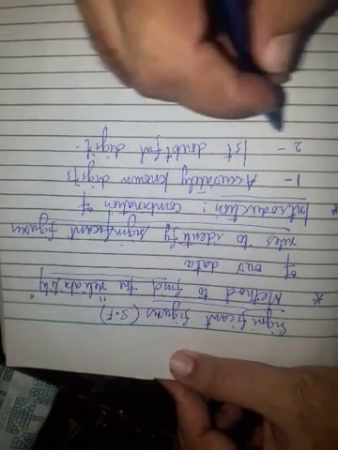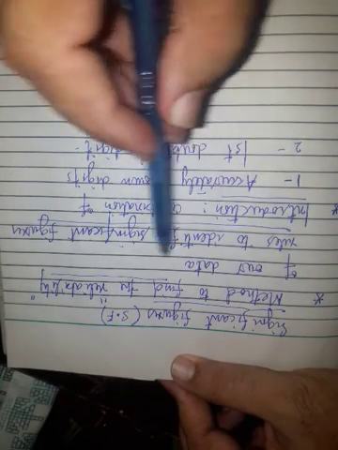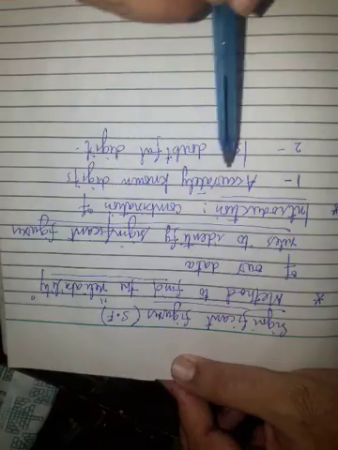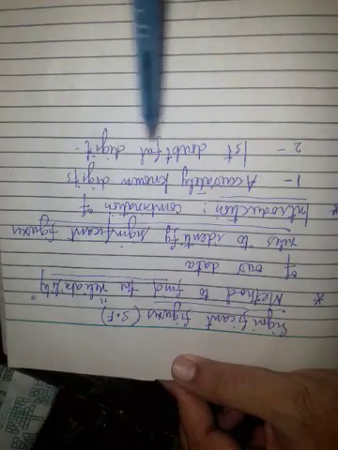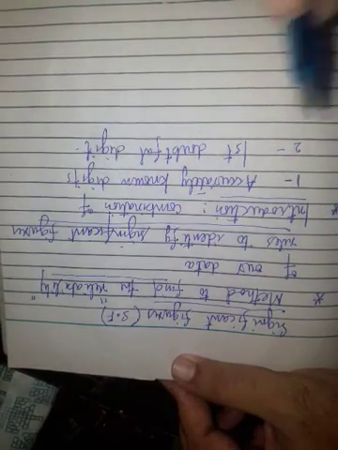Again, what is significant figures? It is the combination of accurately known digits and the first doubtful digit.